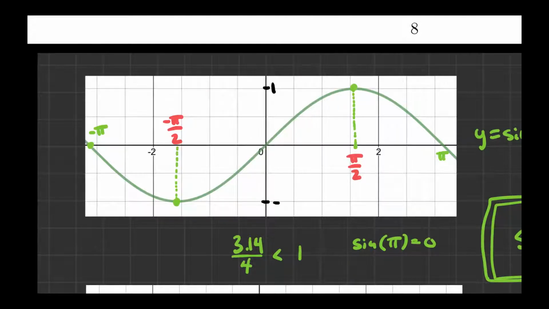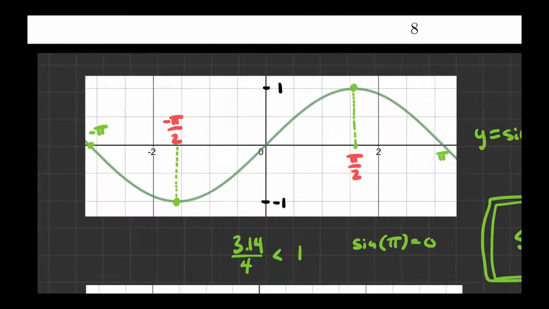This would be the value negative 1. I'm going to make that a little bit further so it doesn't look like it's negative 1 there. So there we go. We're going from negative 1 to positive 1. So if I go over to the right by pi over 2, then I end up going up 1, right? Now if on the other hand I go to the left pi over 2, I end up going down 1.